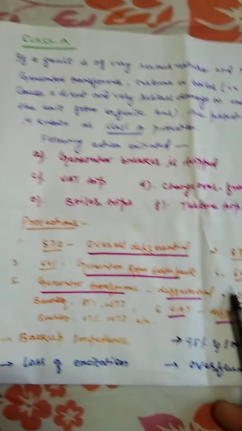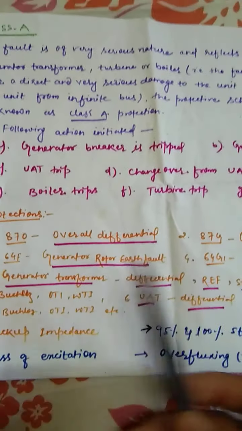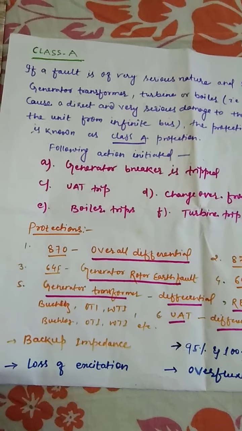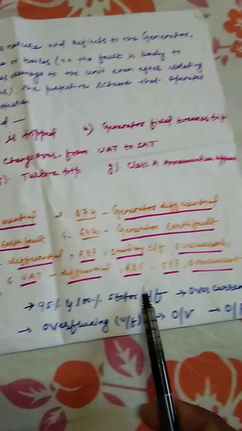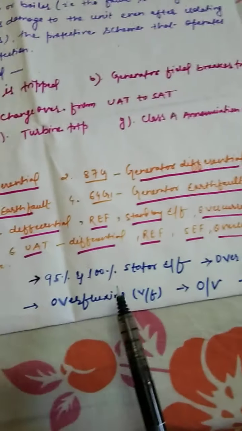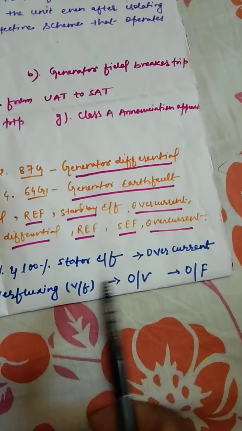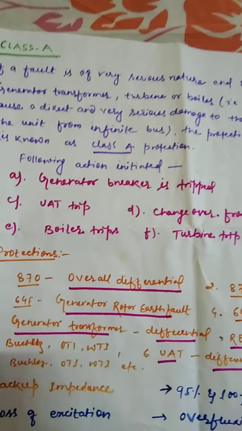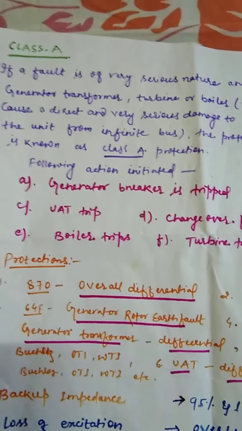For that we have kept all this protection in Class A protection. We have others like backup impedance, 95% to 100% stator earth fault, overcurrent, loss of excitation, overfluxing, V/F, overvoltage, over frequency. All these protections come under Class A protection. These protections are of very serious nature.